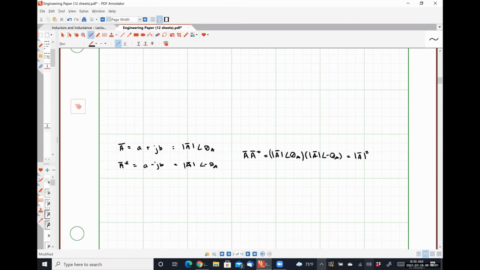If we did it in rectangular form, it would be A squared plus B squared, which is still the magnitude of A squared.